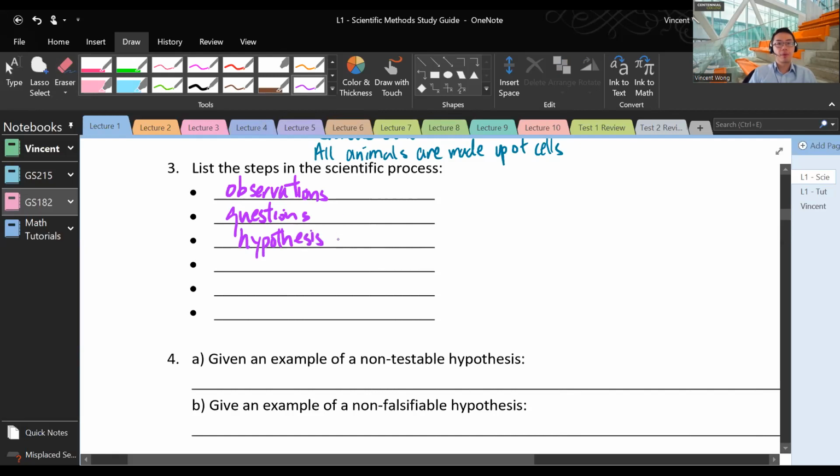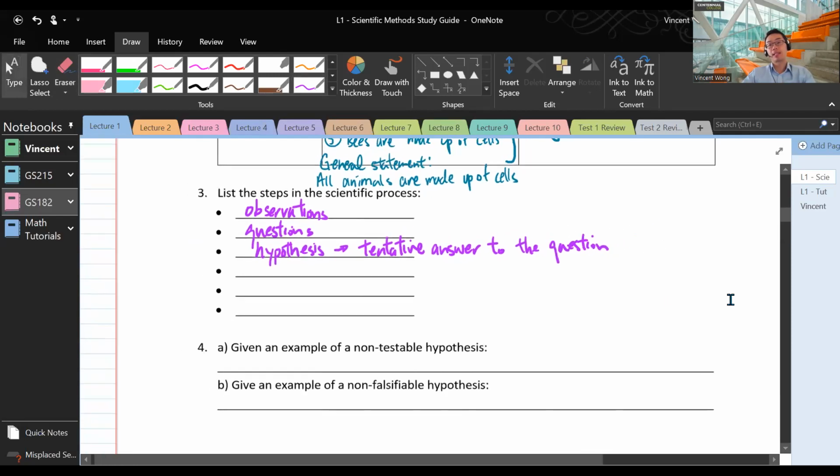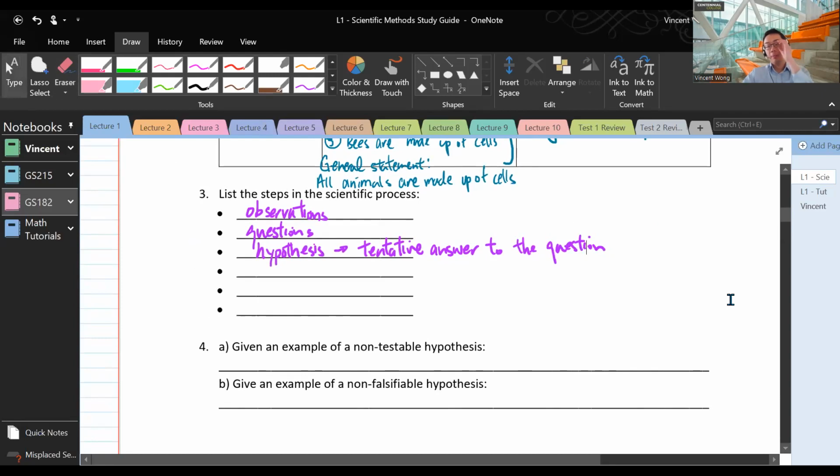Okay, so hypothesis is a tentative answer to the question. It might not necessarily be the correct answer, but it is a proposed answer.